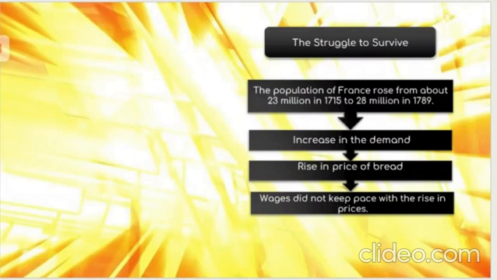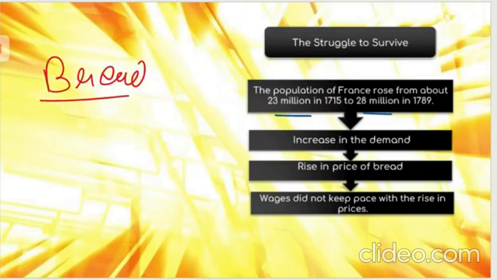Firstly, there was a population blast. Population rose from 23 million to 28 million. There was a population blast in France, right? As the population grew, there was an increase in demand for bread, because the staple food is bread.